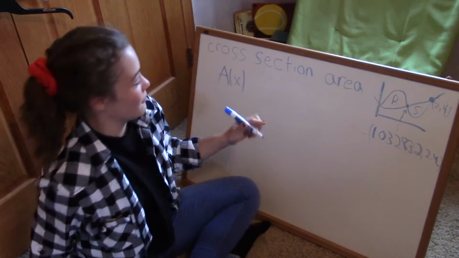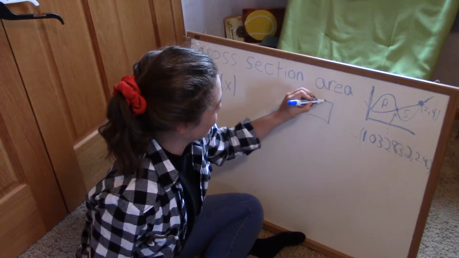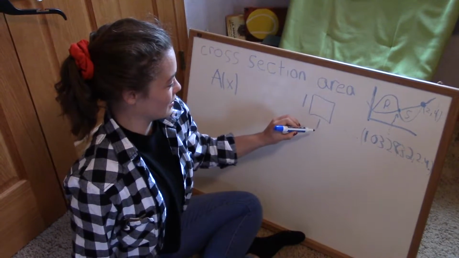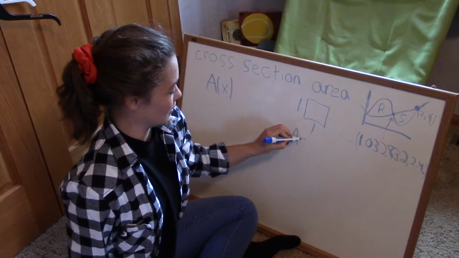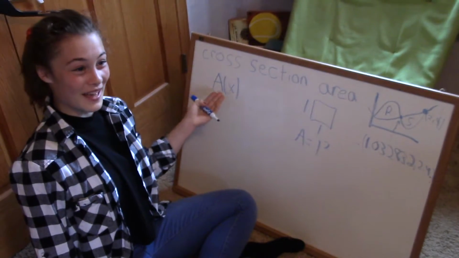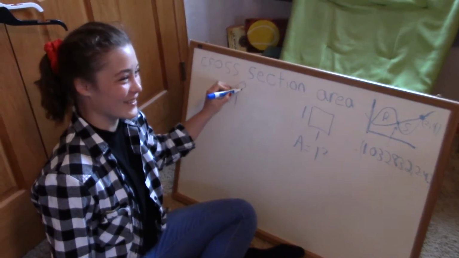And since we have a square region, that's the length times the length, so the area equals the length squared.